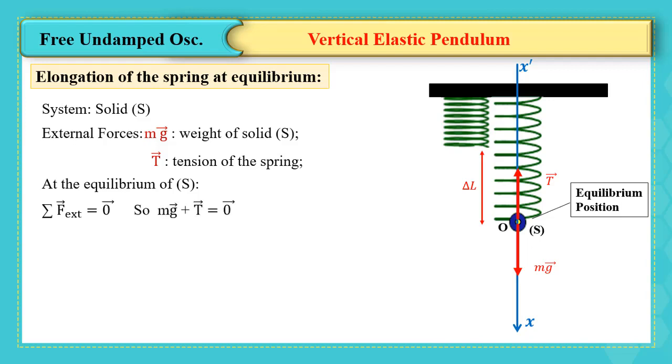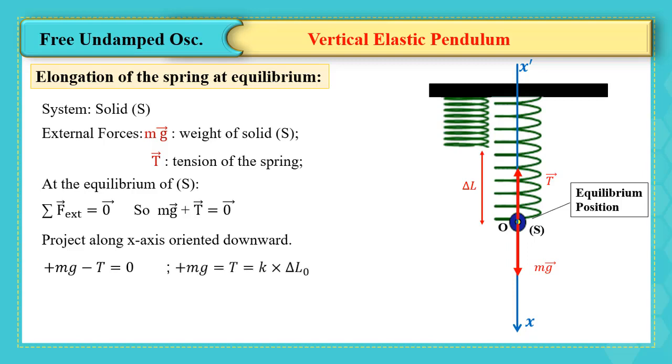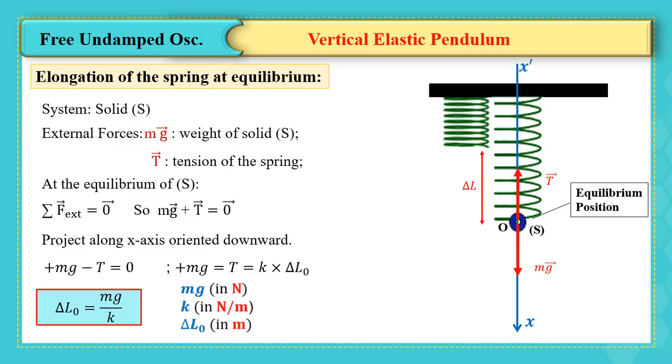Thus, mg vector plus T vector equals 0. We project along the x-axis, which is oriented positively downward. Then we have plus mg minus tension equals 0, while the tension is k times delta L0. Finally, we can find that delta L0 equals mg over k, where mg is in Newton, k in Newton per meter, and delta L0 in meters.